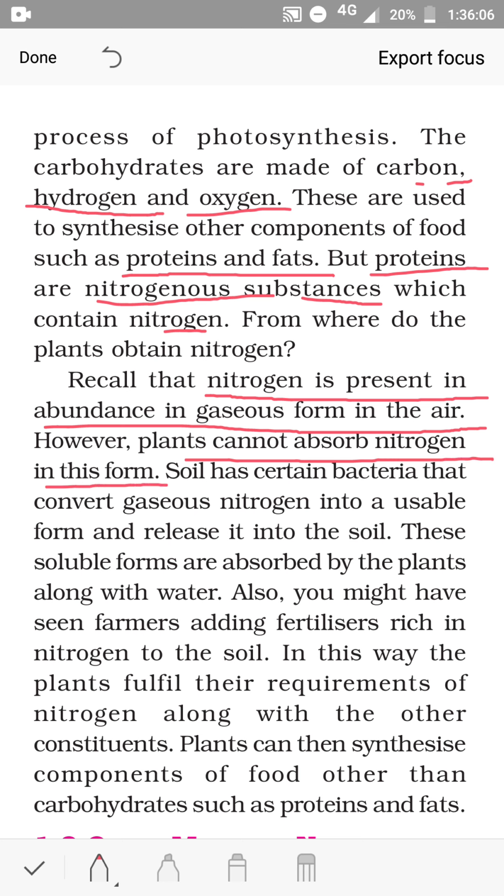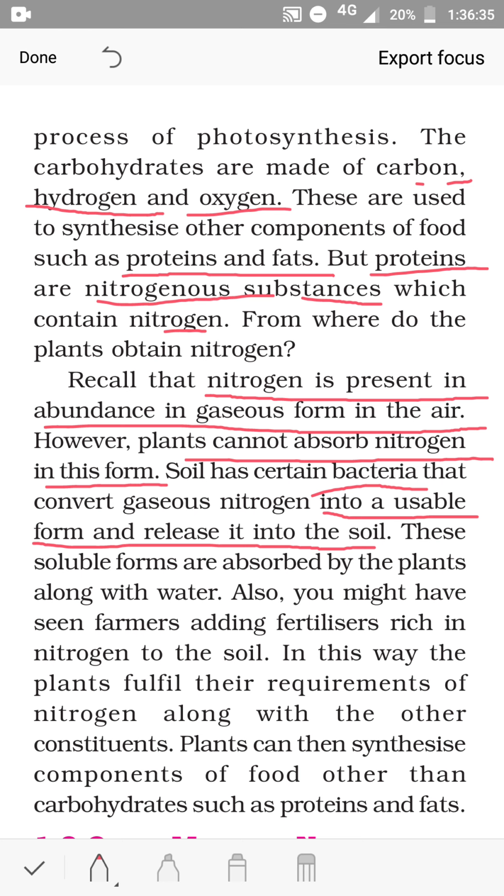Soil has certain bacteria. Bacteria are microscopic organisms that convert gaseous nitrogen into a usable form and release it into the soil. So they take the atmospheric nitrogen, convert it into a usable form and release it into the soil.